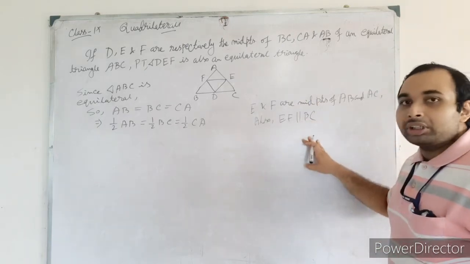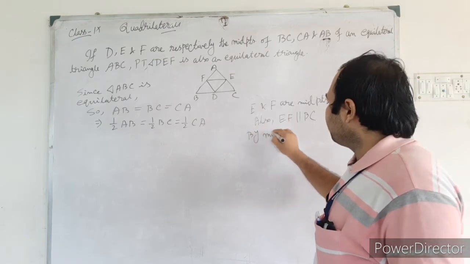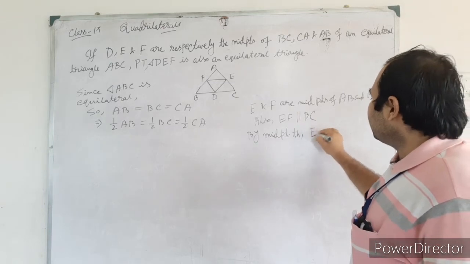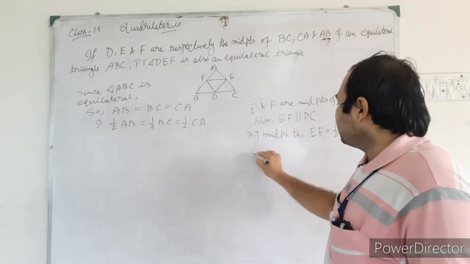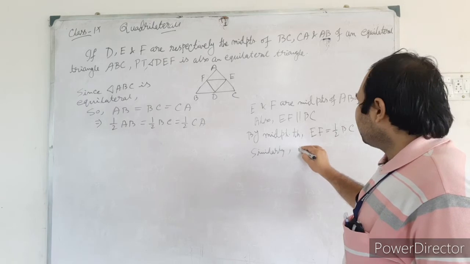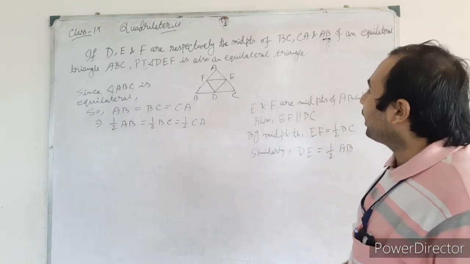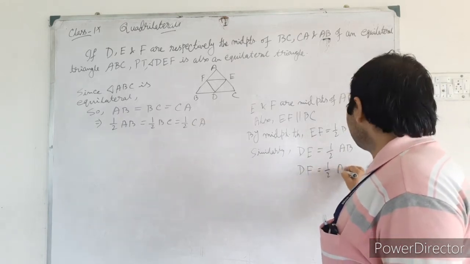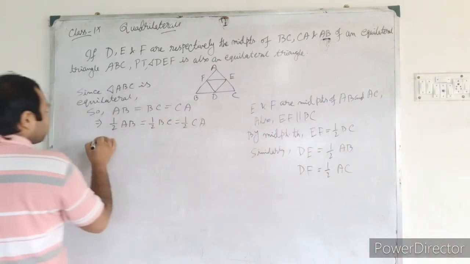So with those two facts, by the midpoint theorem we can definitely say that EF is equal to half of BC. Similarly we can say DE is equal to half of AB and DF is equal to half of AC, with similar logic by the midpoint theorem. So now just put in the results.